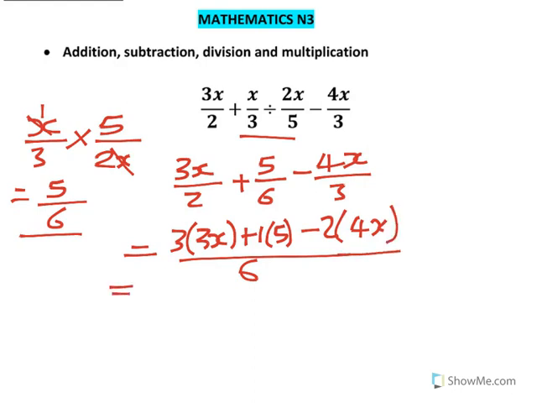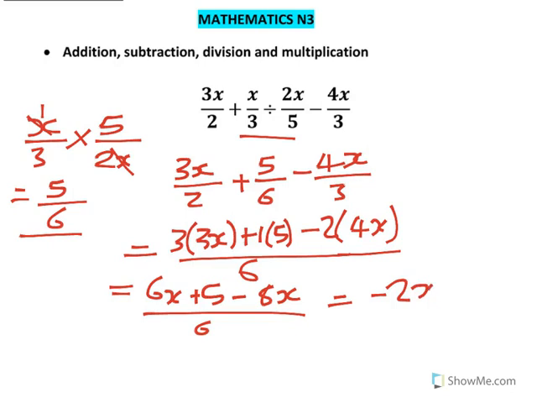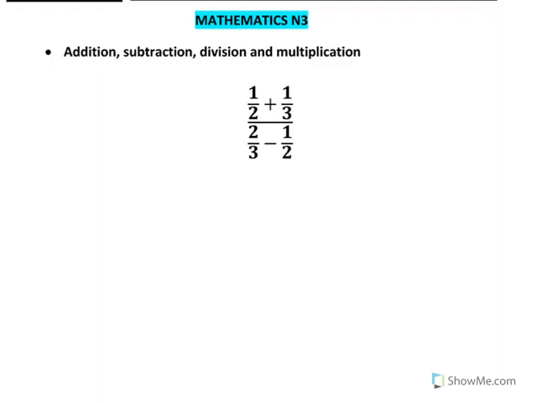When you simplify that, 3 times 3x, you get 9x plus 5 minus 8x over 6. This will continue to give you 9x minus 8x is x plus 5 over 6. So that is the solution to such a problem.